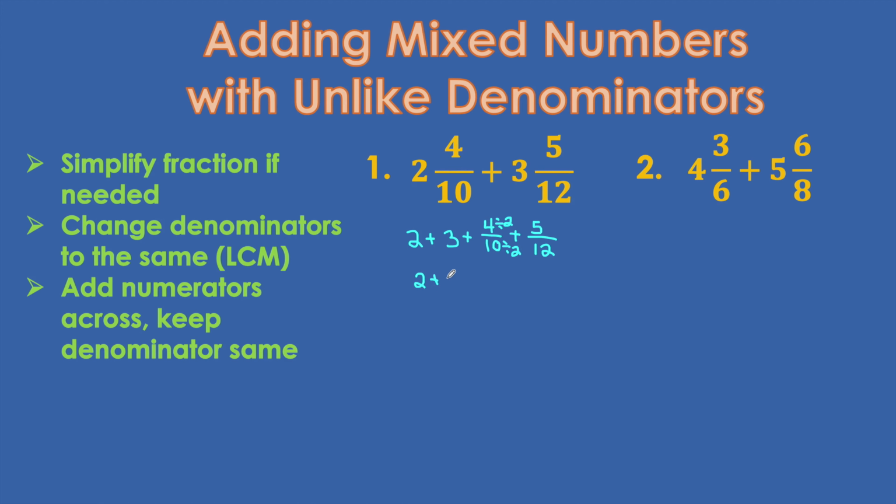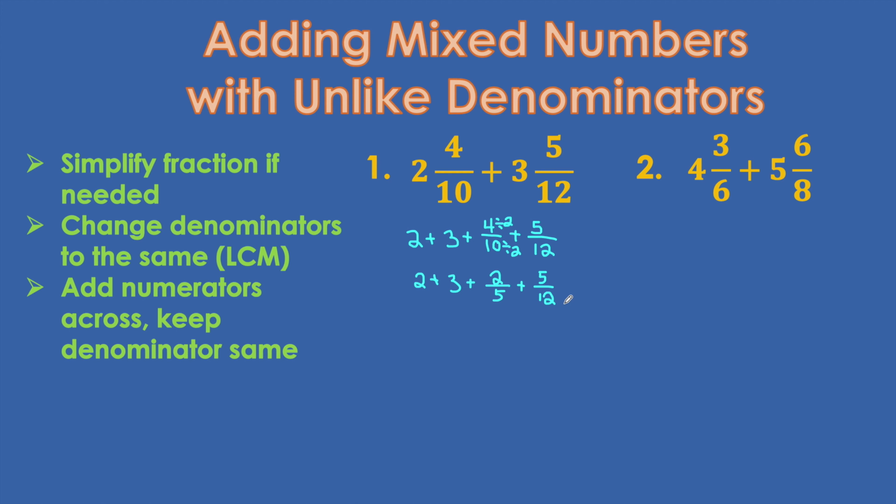So 2 plus 3 plus, 4 divided by 2 is 2, 10 divided by 2 is 5, plus 5 twelfths.